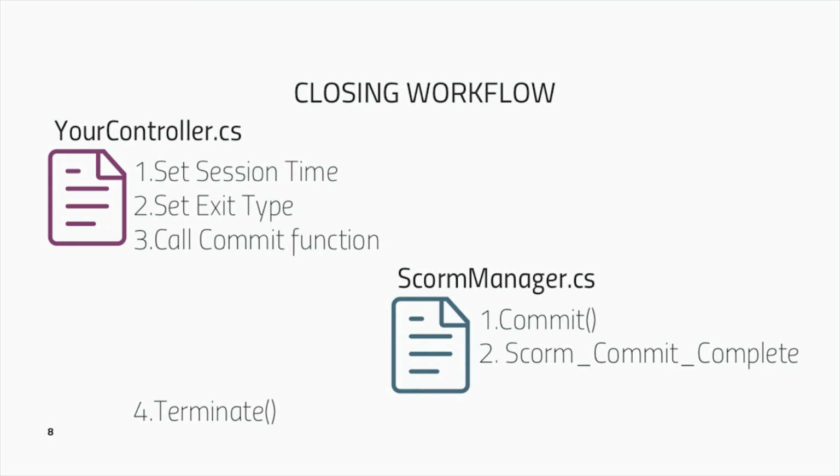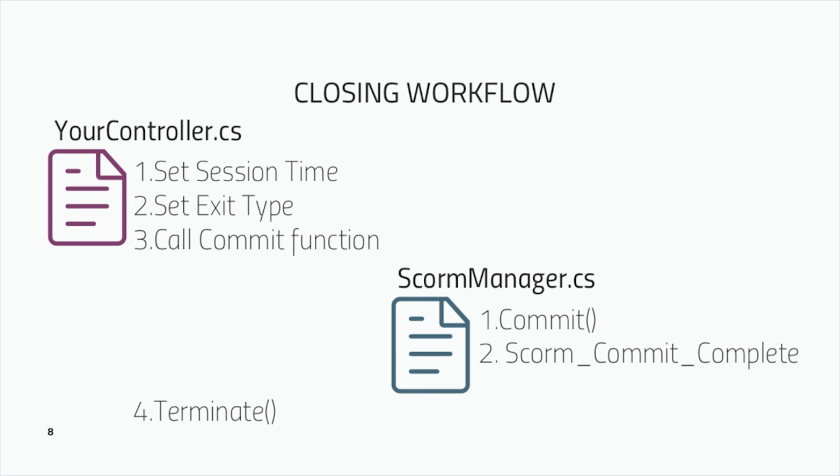So when your app is ready to close down, you need to do 3 initial steps. You need to set the session time, you need to set an exit type, and then you need to call the commit function on the SCORM manager.